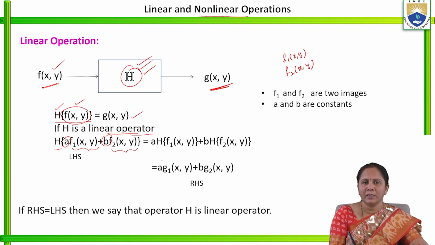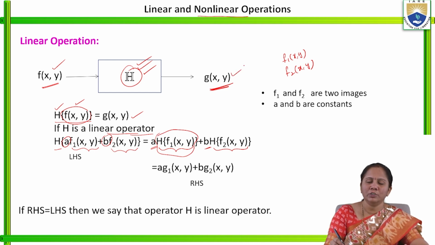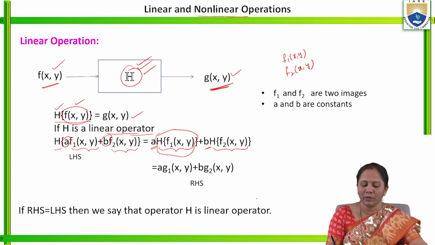As we apply any transform, the value of the constants will not change, so a and b will be as they are. If we apply any operation on an image, it will be changed to g of x comma y, the modified image we are going to get.